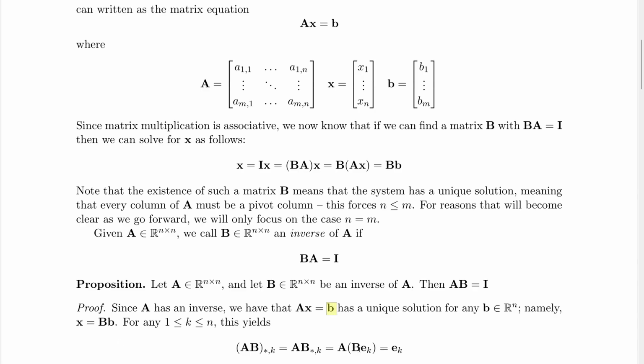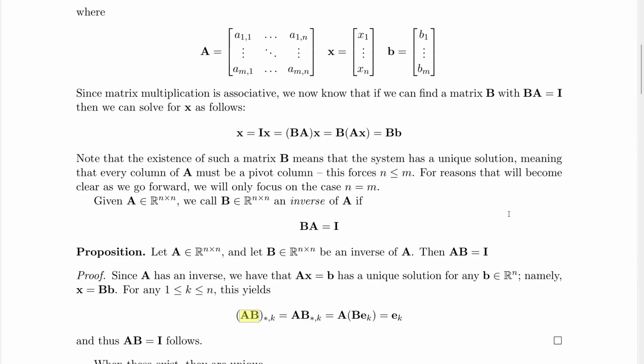But recall, multiplying by the standard unit vector gives you the column vector, and a matrix times a column vector is really a column of the matrix multiplication. So every column of A times B is a standard unit vector, meaning that A times B has to be the identity matrix. Hey, look at that. Pretty cool.